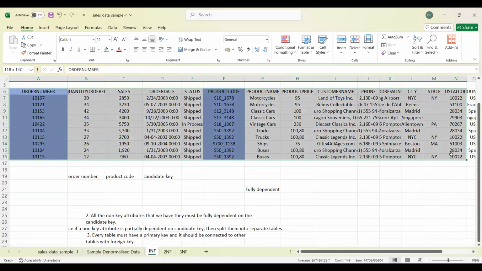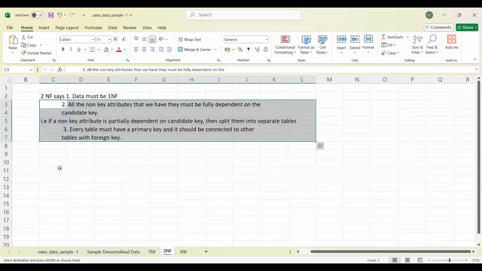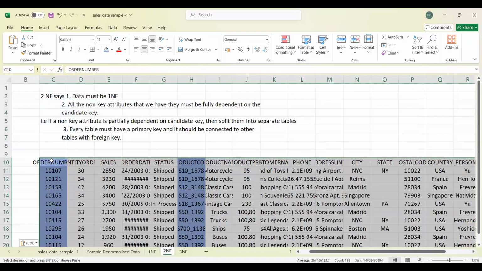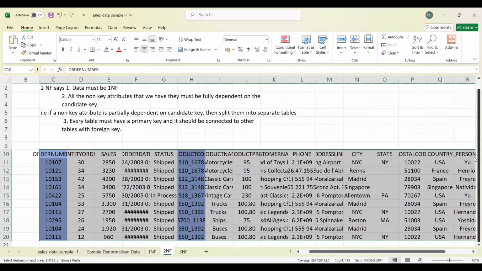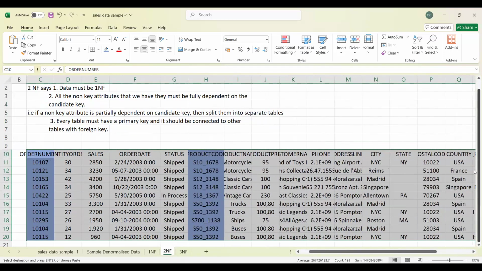I'm just copying everything and pasting it here. See, just try to understand. Mostly, 90% of the time you don't use this in real time, but just try to understand the concept.